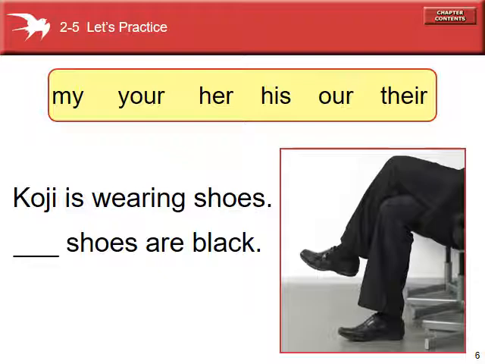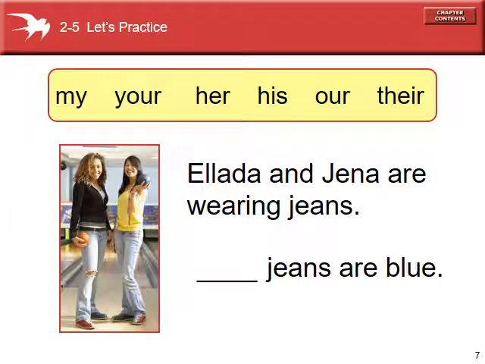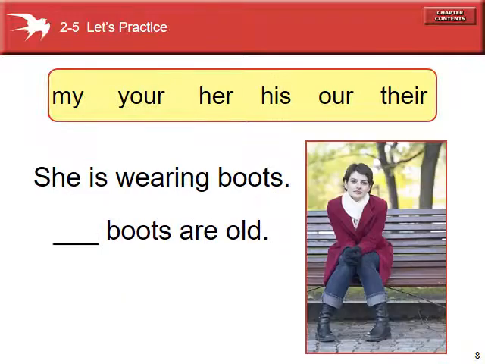So if we look at this one here, it says Koji is wearing shoes. If we look at the picture, we're assuming that Koji is a man. So the correct possessive adjective should be his shoes are black. The next one here, we have 2 women, Alada and Jenna, are wearing jeans. So this is plural, so we're going to say their jeans are blue.